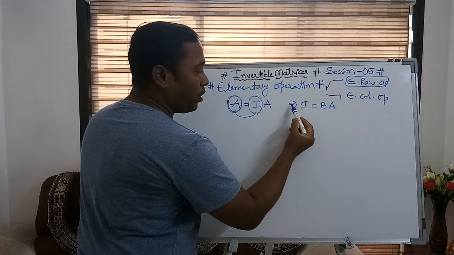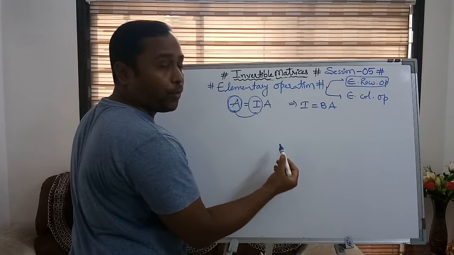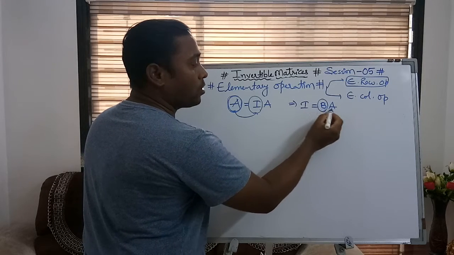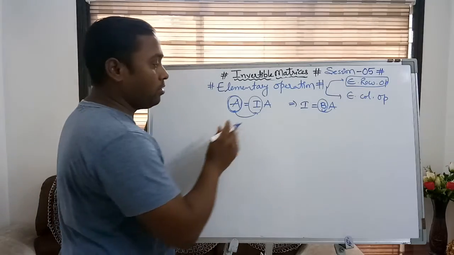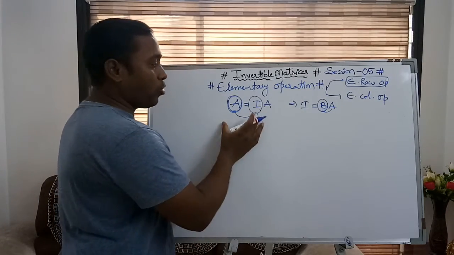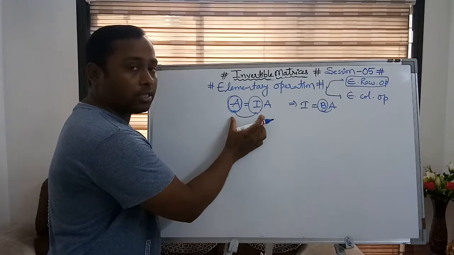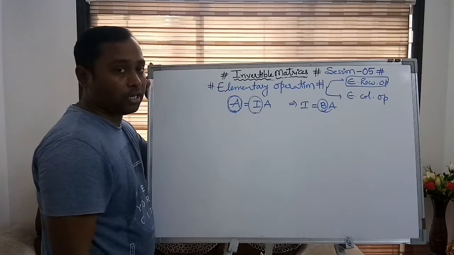Hence, this equation is transferred to I equal to B into A. So here we can declare B will be the inverse of A because the product gives I. So this is a way to move from this equation to this equation. This is a journey. So first we'll start with this step. With the help of an example, we can understand more clearly.